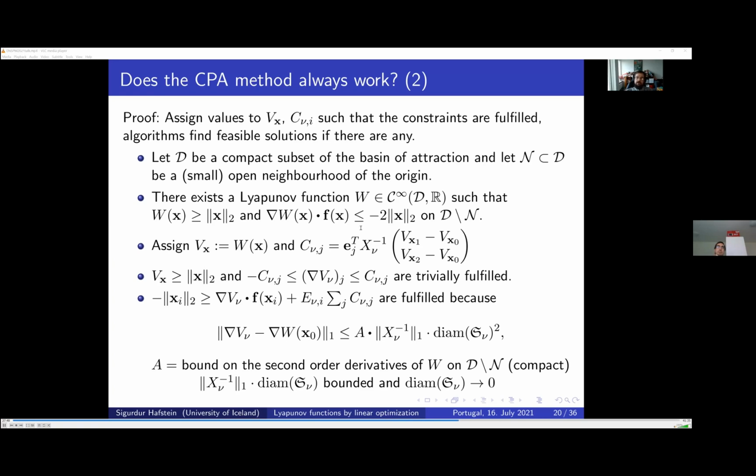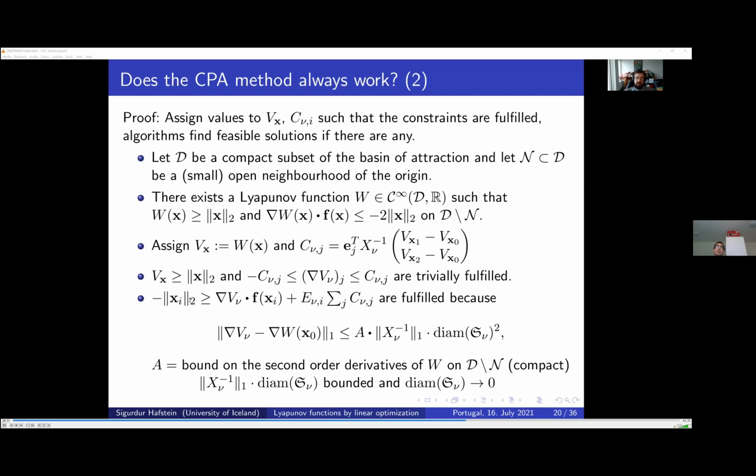And we can also assume that the orbital derivative of W is less than or equal to minus 2 times the norm of x. And here we just assign at all vertices of the triangulation V of x equal to W of x. From this we can construct the C_nu,j's. Then this here will be trivially fulfilled simply by construction.